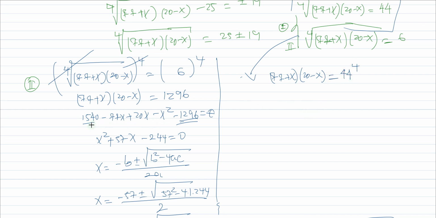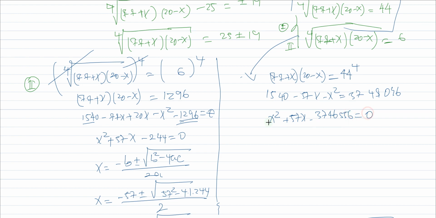So solving this, guys, we're going to have 1540, and then minus 57x, and then minus x squared, and this one to the power of 4 is 3748096, and then here putting in order, we're going to have x squared plus 57x, and then minus 3746556 equals 0.